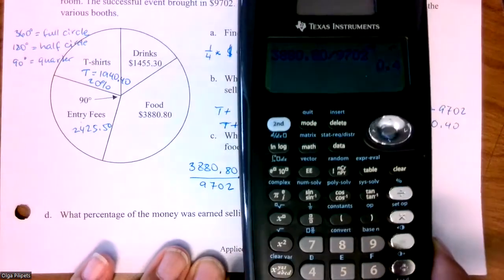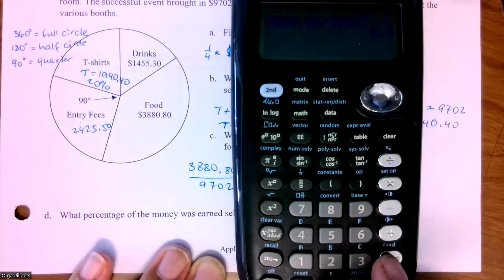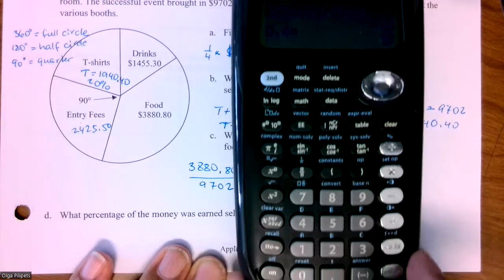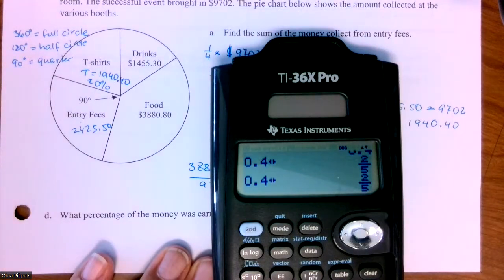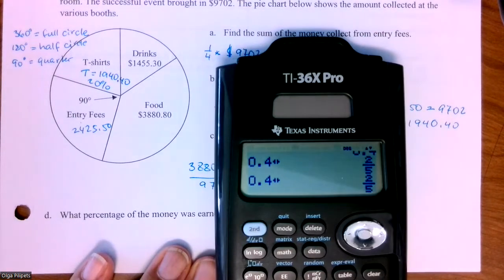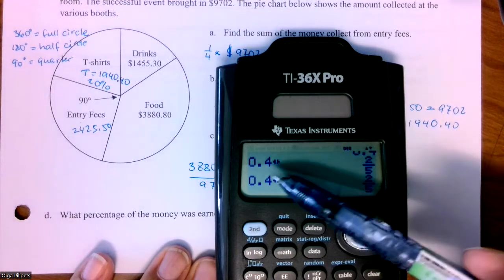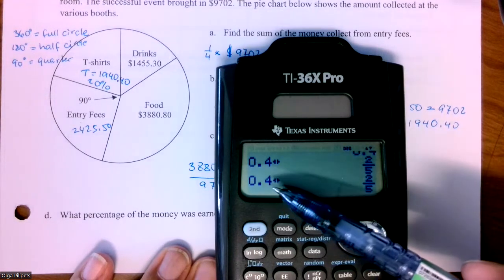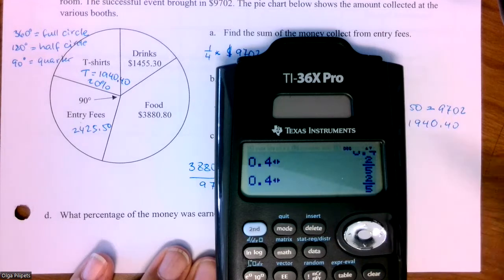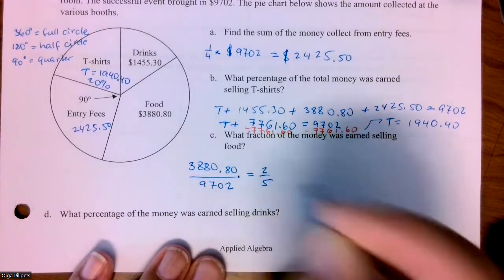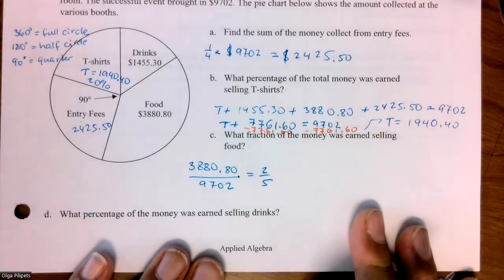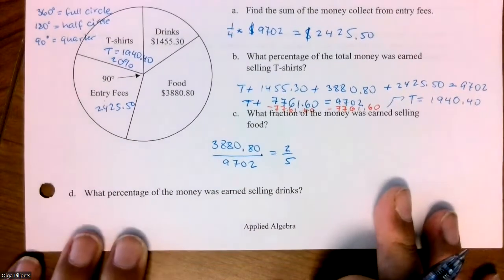On this calculator, you can push this button F to D, fraction to decimal and back. Push that button and enter, and it will convert your decimal into a fraction. So 0.4 is 2/5, and that's the fraction that we're going to write down. Okay, that's it for that question.